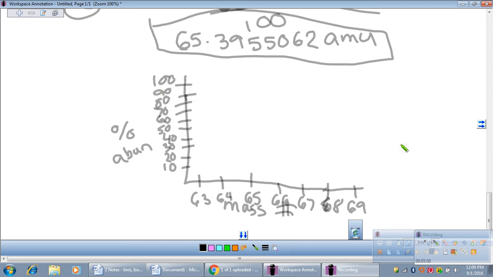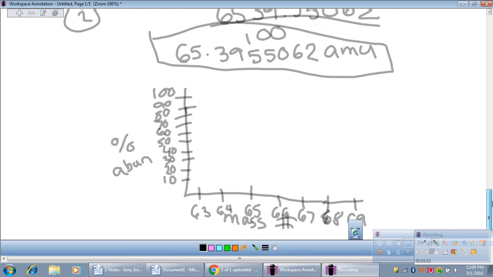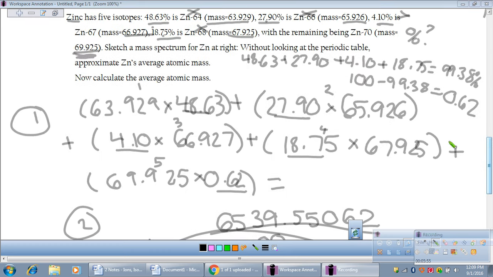Gorgeous graph. Okay, so what you do when you graph is the percent is going to be your y-axis, and the mass is going to be your x-axis.